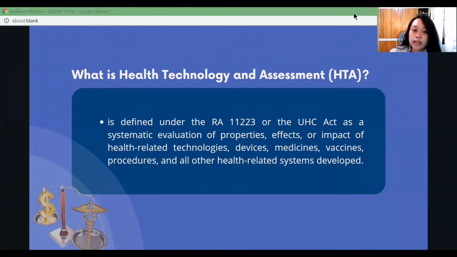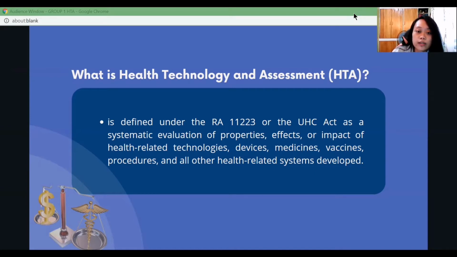This is to solve the health problem and, of course, improve the quality of life and health outcomes, utilizing a multidisciplinary process to evaluate the clinical, economic, organizational, social, and ethical issues of health intervention or health technology.